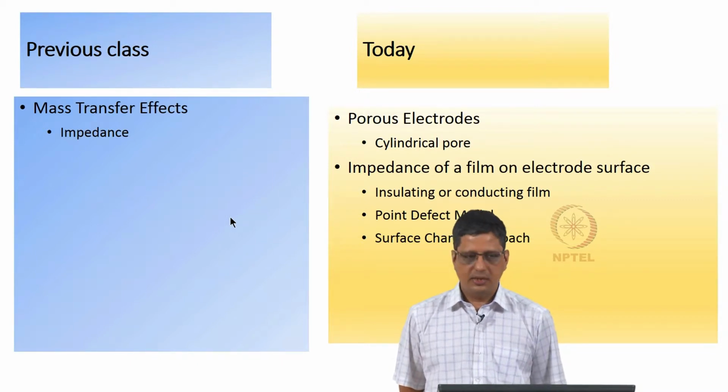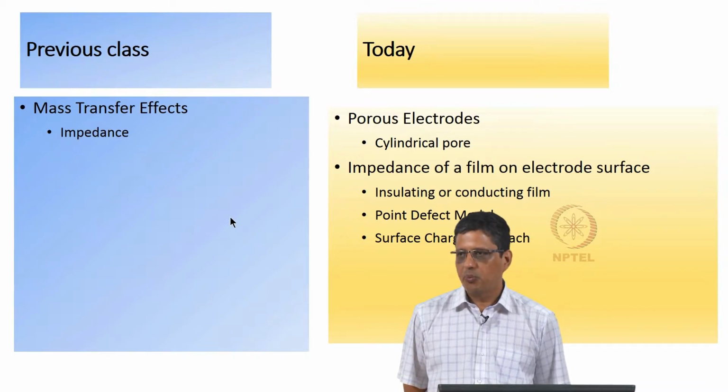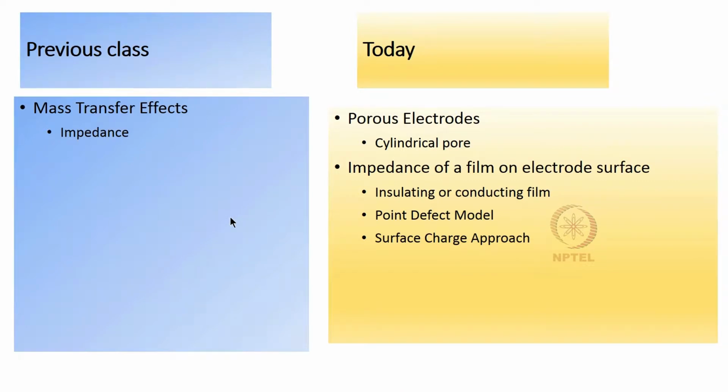There are simplified models which say the film is either insulating or conducting, and they can also assume that the film is dense or it is porous. The first case, which is given as porous electrodes, is a conducting metal that is porous. If the conducting metal is just a solid metal, we know how to handle that.